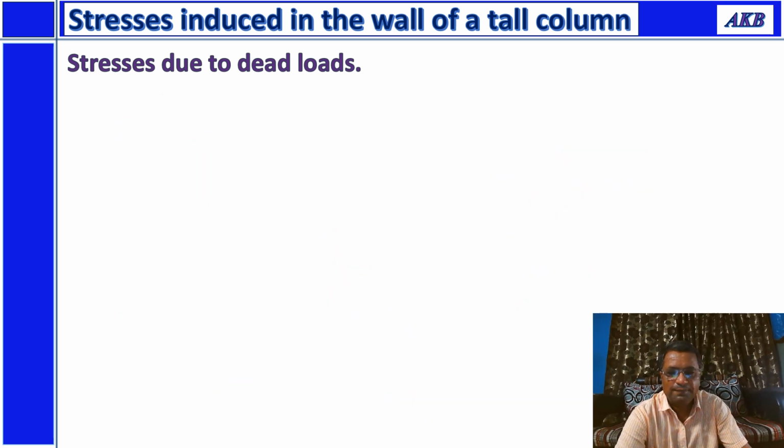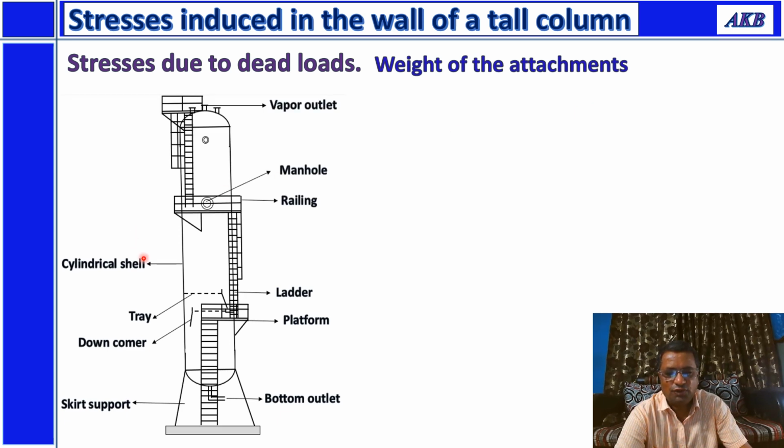Okay. Then, continuing our discussion with dead loads, the other dead load that will come into picture is the weight of all the attachments. So for that, again I will show you a simple schematic, and you can see various attachments over here.